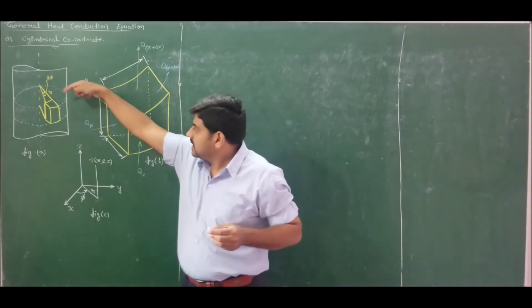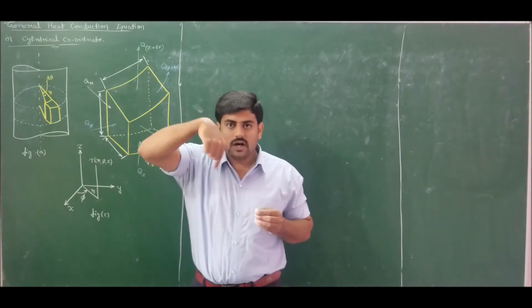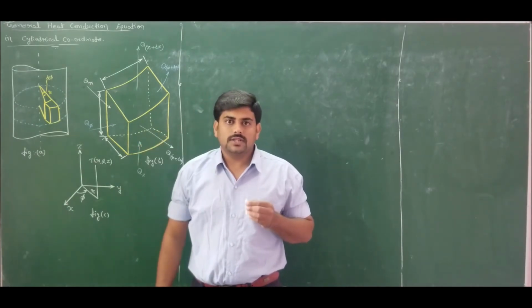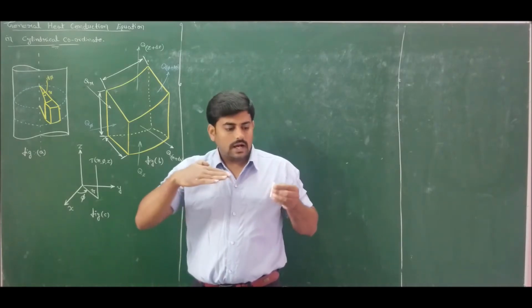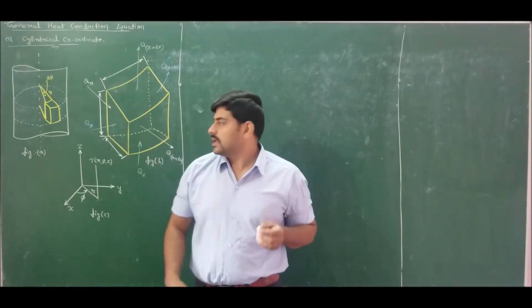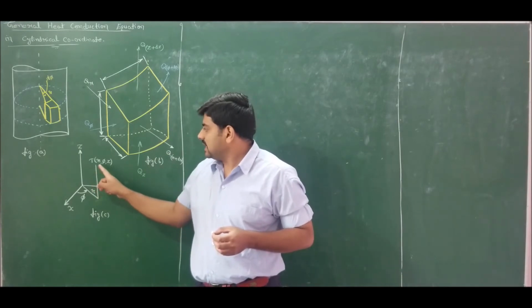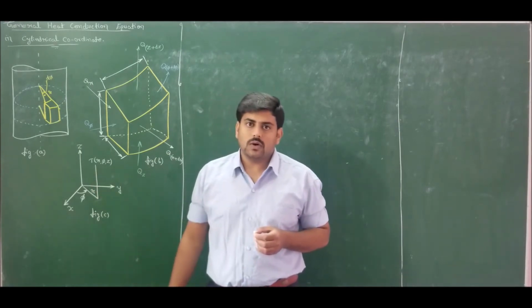Phi varies in a circular manner. Therefore, the temperature is a function of z, r and phi for the cylindrical coordinate system.